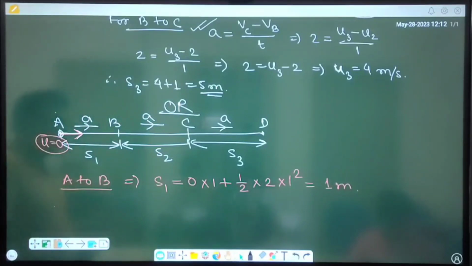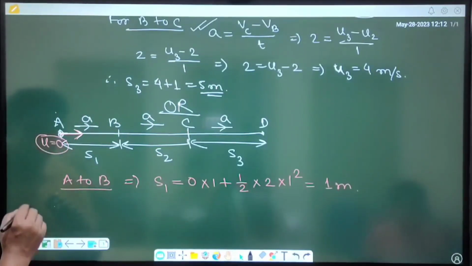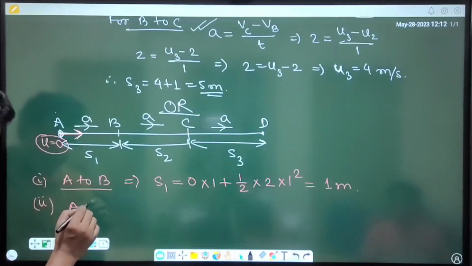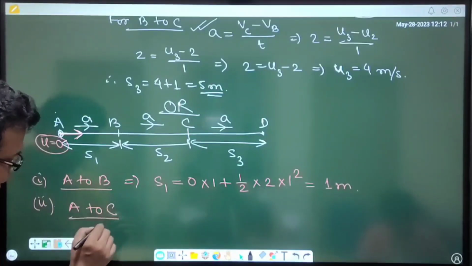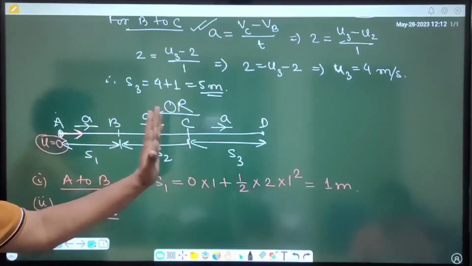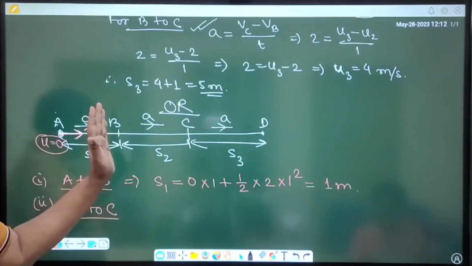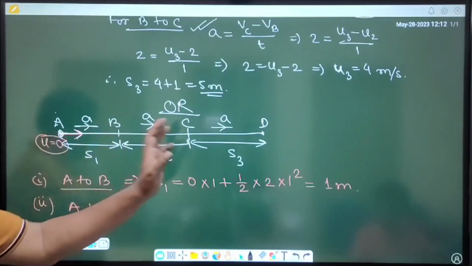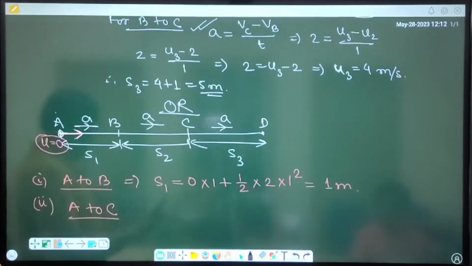Now next, instead of calculating the next displacement BC, what I'll do is calculate the displacement from A to C. Why am I doing this? Because whenever I calculate BC, B will be the starting instant, so I am bound to use the velocity at B, but in the given problem, velocity at B is not given.